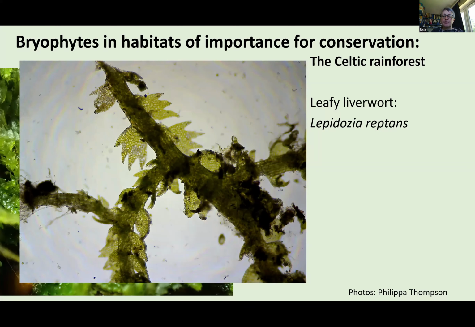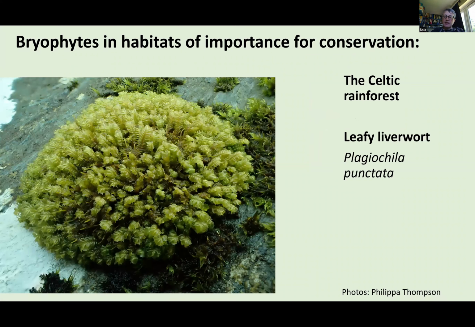Another really pretty and worth looking at liverwort of a genus of which there's several species, but this particular one I've chosen because it can grow on rock, but also on trees in the Celtic rainforest. It is a Plagiochila, so it's a leafy liverwort. It has 1 main stem and 2 sets of leaves.